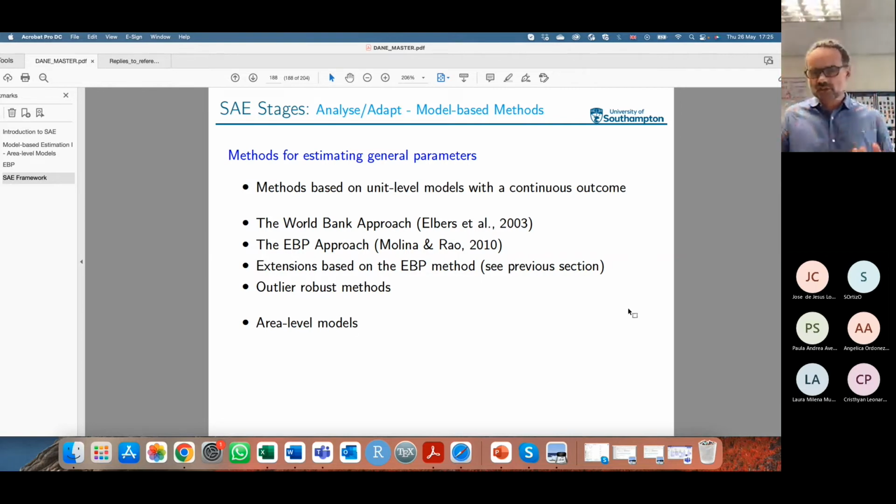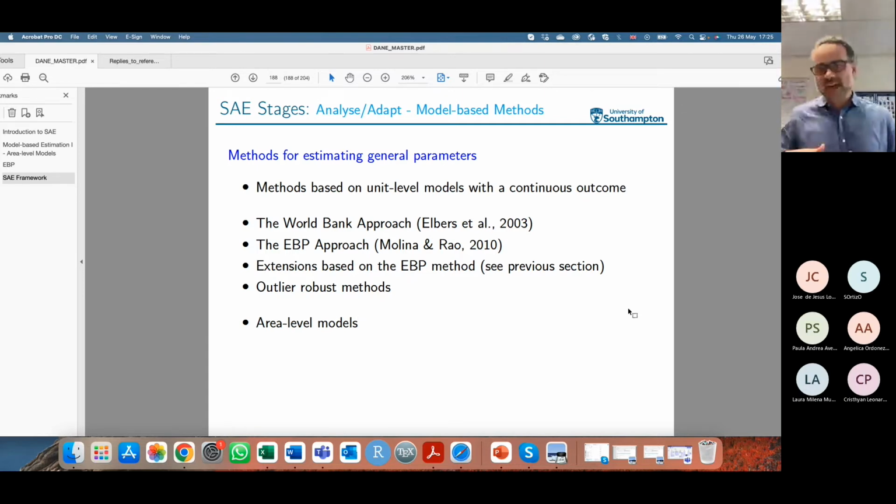In contrast, if you use unit level models, and if you have the appropriate access to the population data that are assumed by these methods, like the ELL and the EBP methods, then you just specify the model for one outcome, and because we simulate synthetic population censuses under the model, we end up calculating a range of parameters as a result of this process.